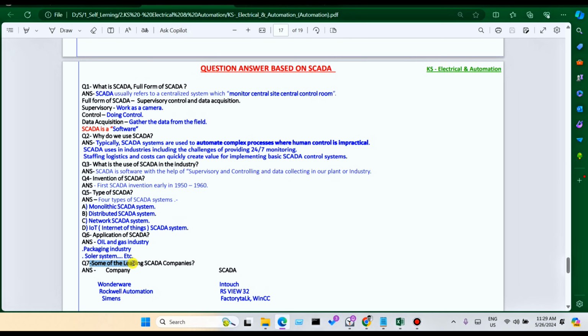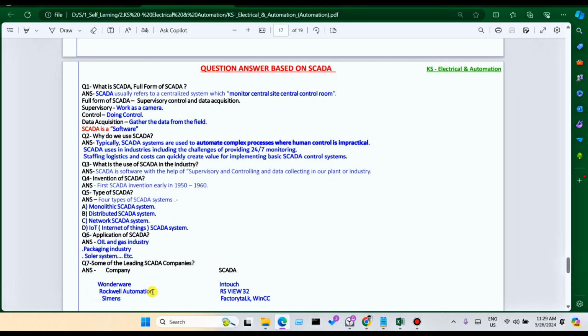Some of the leading companies and their SCADA systems: Wonderware provides InTouch, but right now industry is not using InTouch much, it is a very old software.